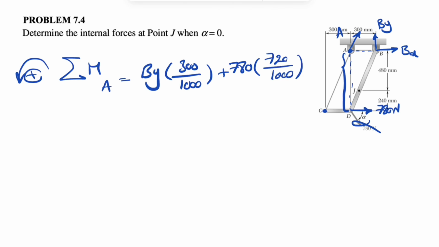And that's pretty much everything for the moment, equals 0. And from here, we can find our By. We didn't need to do unit conversion because it will be canceled out at the end, but just to be safe, we did the unit conversion too.